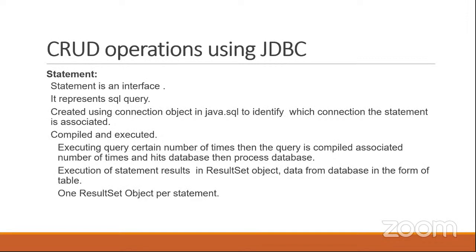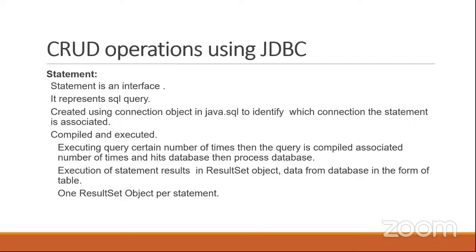Basically, Statement is an interface in JDBC, or Java Database Connectivity. It's used for representing queries. We can use statements to represent queries, or if we want to execute any query, then we can use this statement interface. The statement object is created by using the connection object. We cannot create an object for the statement alone. Then how do we create it?